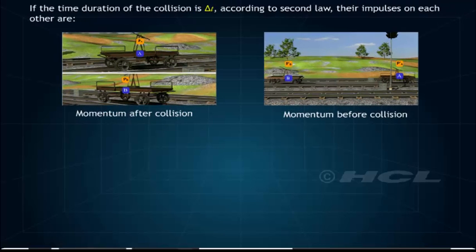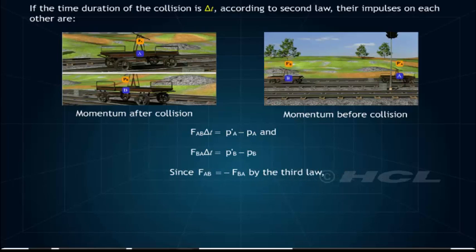If the time duration of the collision is delta t, according to the second law, their impulses on each other are FAB delta t equals P'A minus PA and FBA delta t equals P'B minus PB. Since FAB equals minus FBA by the third law, P'A minus PA equals minus (P'B minus PB). That is, P'A plus P'B equals PA plus PB.